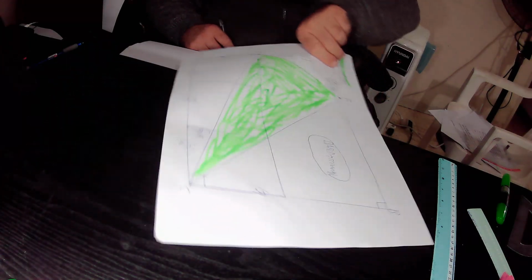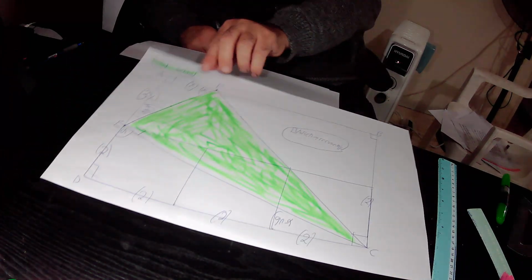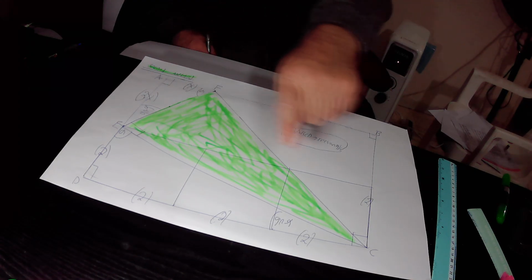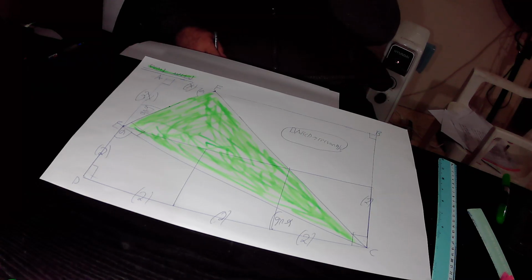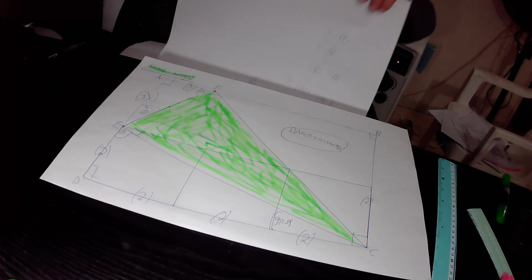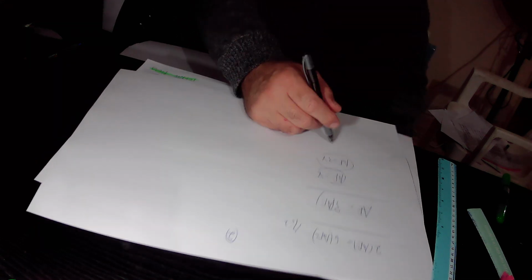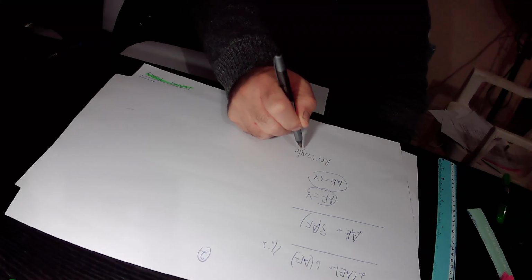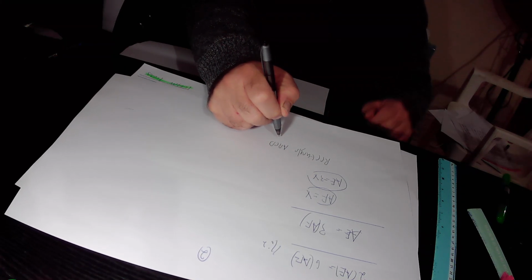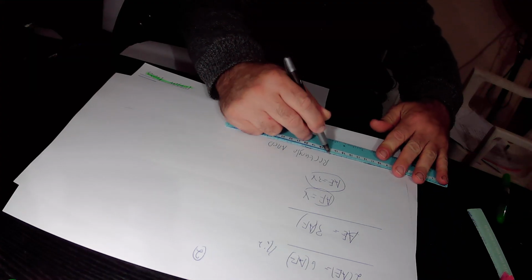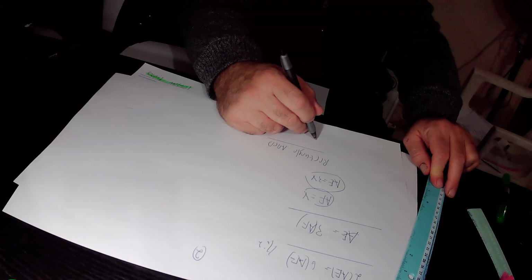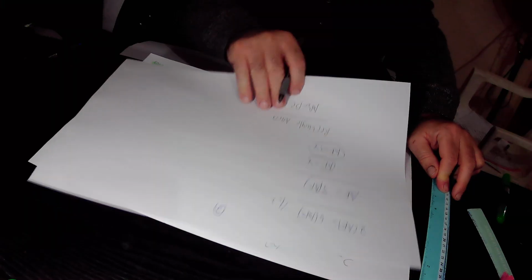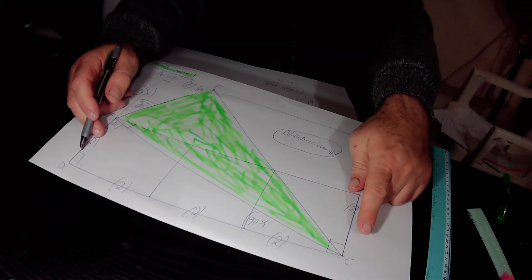We know that the opposite sides of a rectangle are equal to each other. So in the big rectangle ABCD, side AB must be equal to the opposite side DC. But DC equals 2 plus 2 plus 2, this is 6.